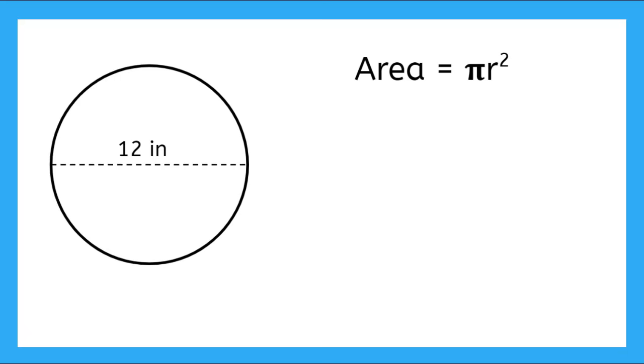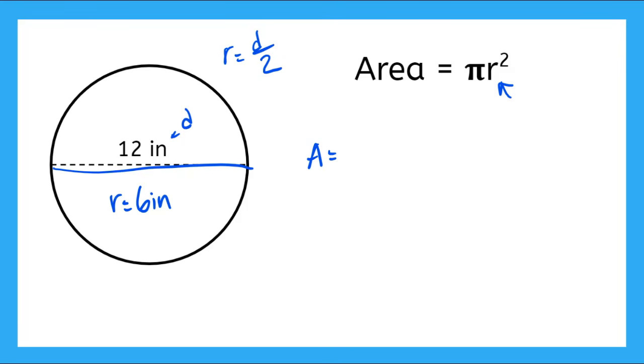Now let's do this one here. If I have this measurement that goes all the way across, I know that 12 inches is equal to my diameter. But in my formula here, I have an r. But remember, r is equal to half of the diameter. So if I have 12 inches for my diameter, my radius will be half of that, 6 inches. Good, so now I can plug that into my formula. A is equal to pi times 6 inches squared.